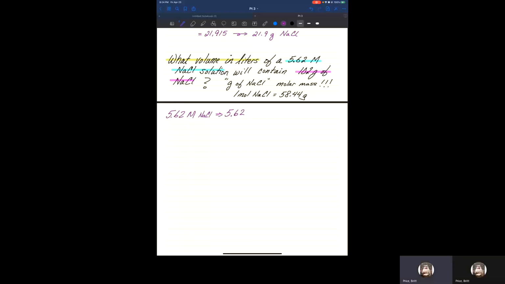That means there's 5.62 moles of NaCl for every 1 liter of solution.